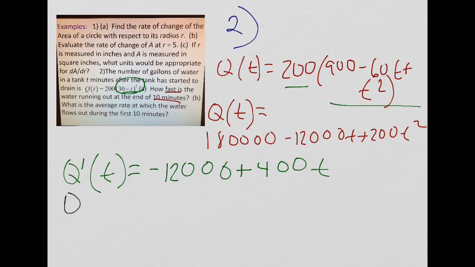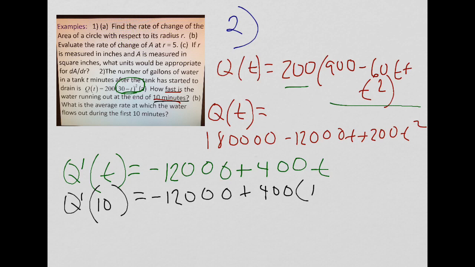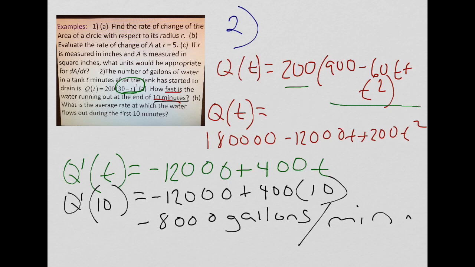Now I get to plug in 10 for t, okay, because we want to know what happens at 10 minutes, how fast it's going. And this is going to come out to negative 8,000, and it would be in gallons per, you can use that line to mean per minute. Okay, period. Well, kind of not period.